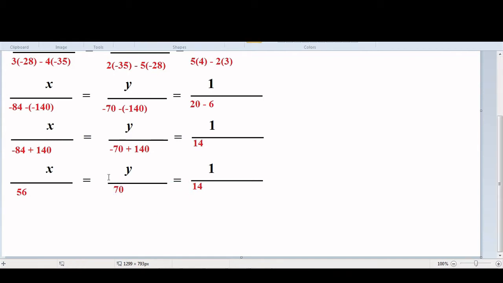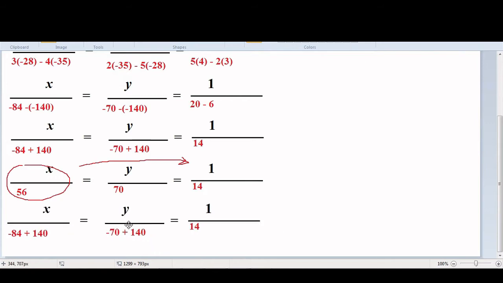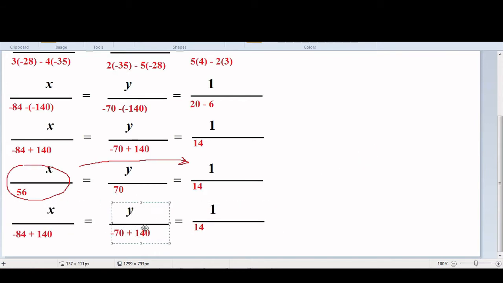Now simply compare x part with the constant part. Here just remove the y part for some time.